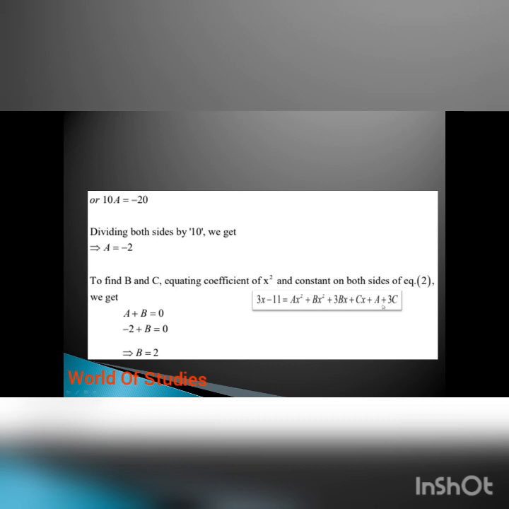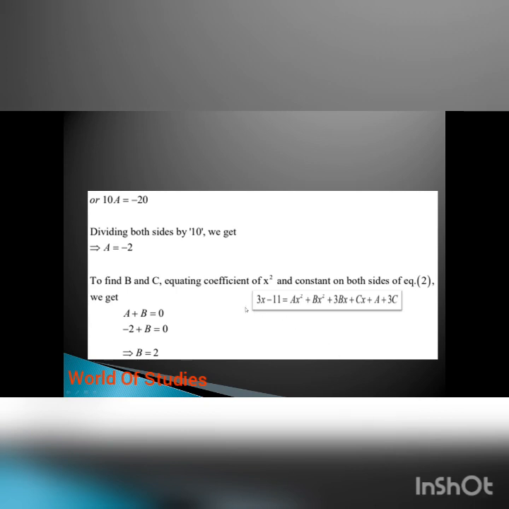This is equation 2: 3x minus 11 is equal to ax square plus bx square plus 3bx plus cx plus a plus 3c. First of all we have to equate the coefficients of x square. The coefficients of x square give a plus b is equal to 0. By putting the value of a there, we get the value of b, which is equal to 2.